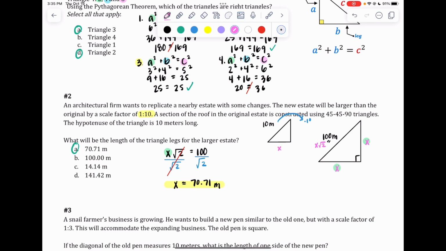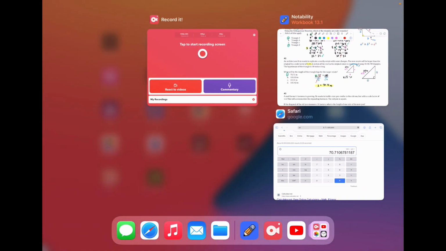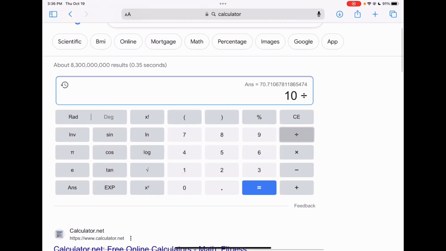It'd be x root 2, and then instead of setting 100 equal to x root 2, I would do x root 2 equals 10, and then I would go over to my calculator, and I would do 10 divided by root 2. And so that gives us 7.071, and then after we would multiply by the scale factor, which is 10, so we'd move the decimal place once to the right, so you'd end up getting the same answer.